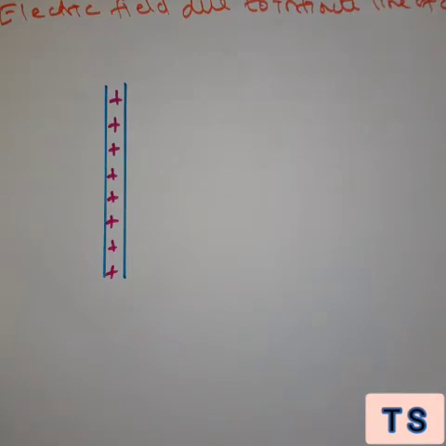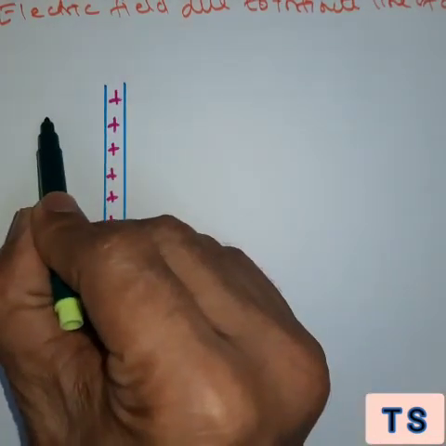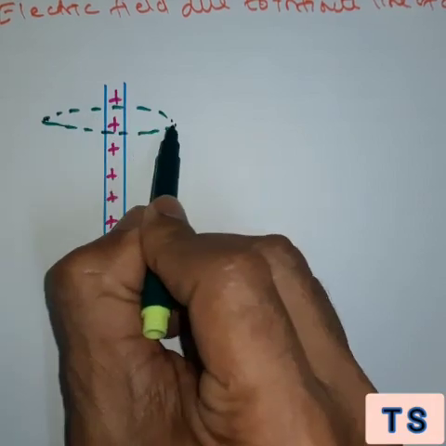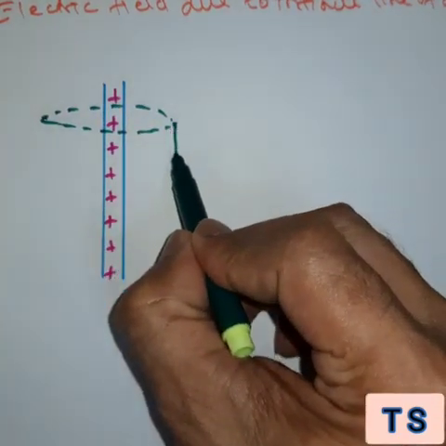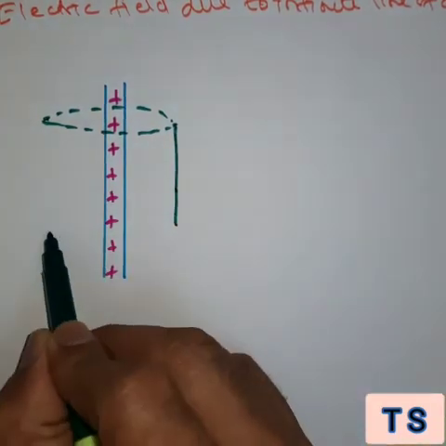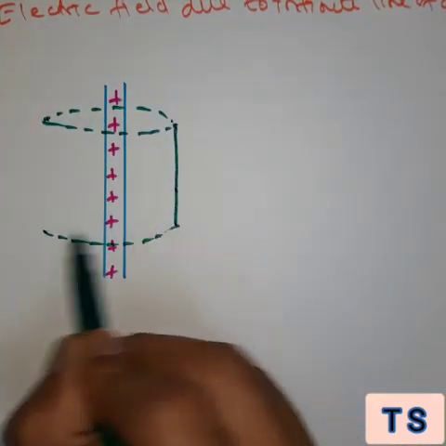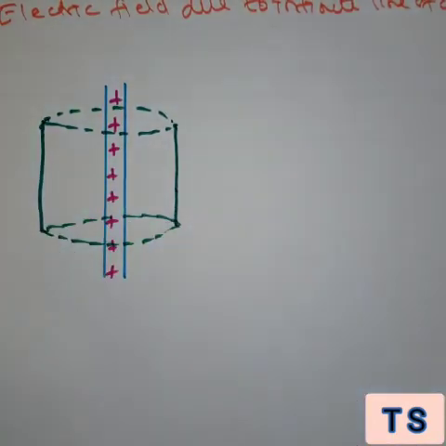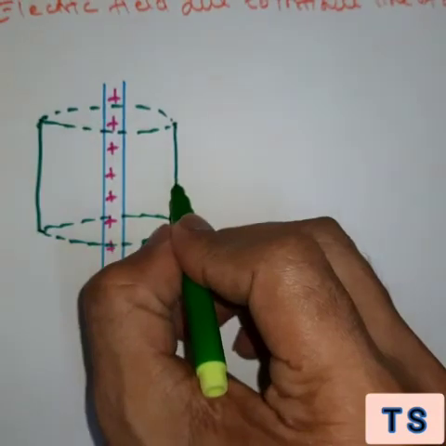So I construct a cylinder which is a Gaussian surface around it, and this Gaussian surface should pass through the point where we have to find the field. Let's say this is my cylinder, and at this particular point P, I have to find the field.